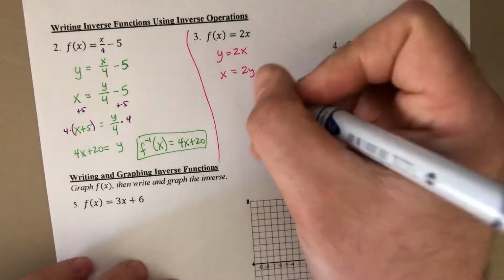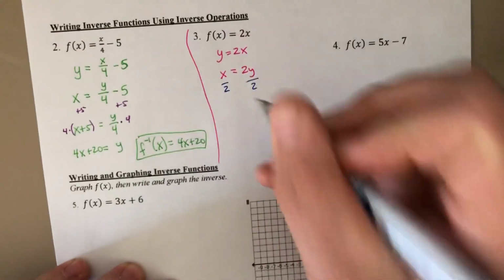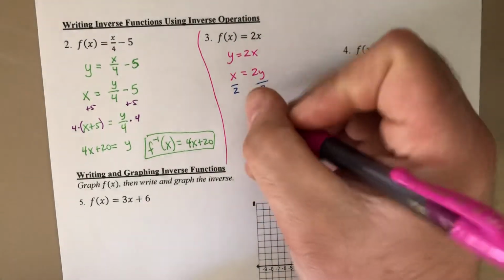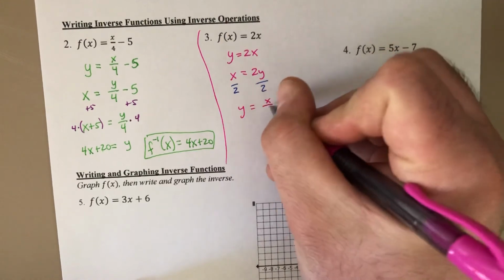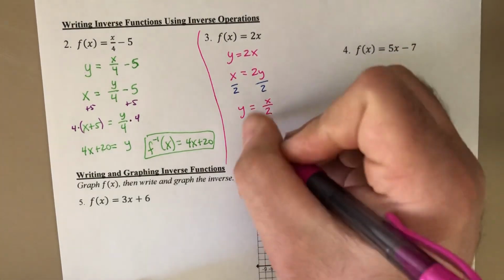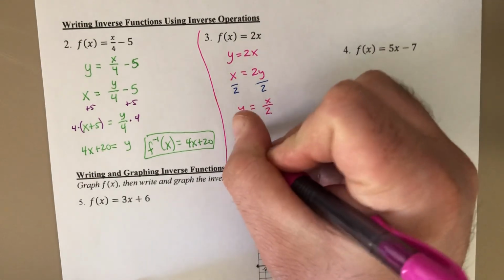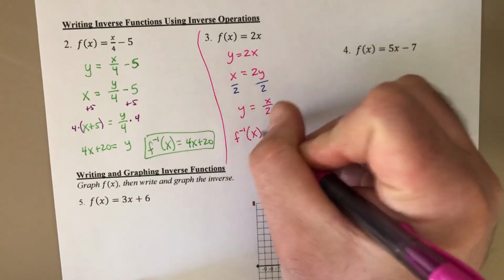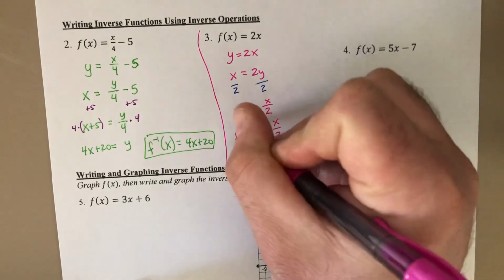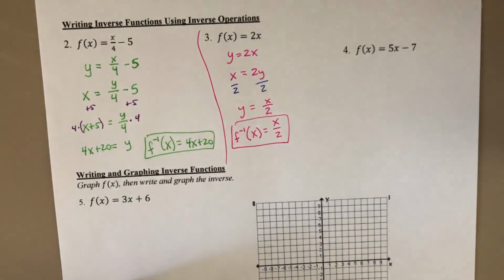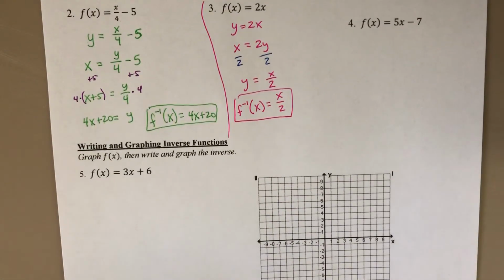We divide by 2 to get y equals x over 2. We've solved for y, so now replace y with f inverse of x. So f inverse of x is x over 2.